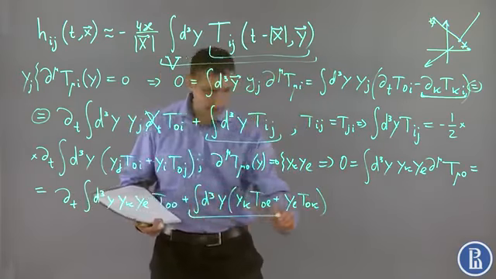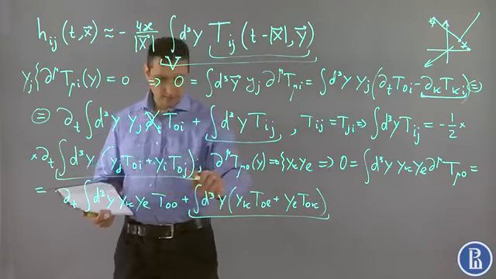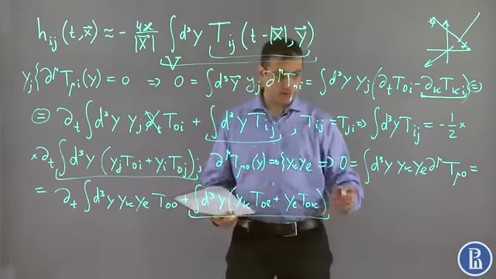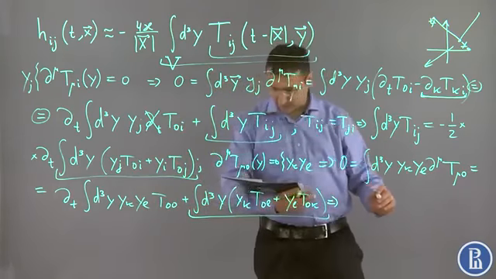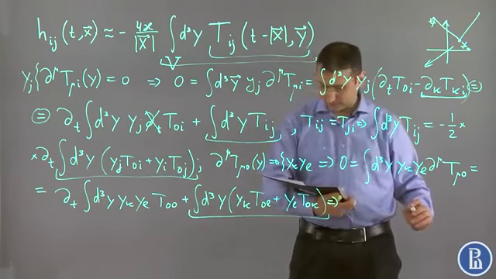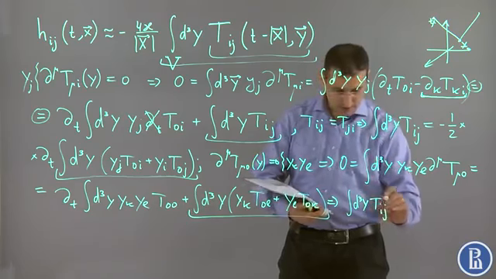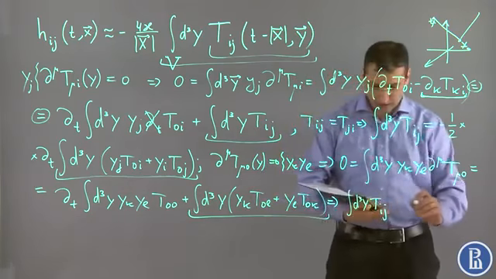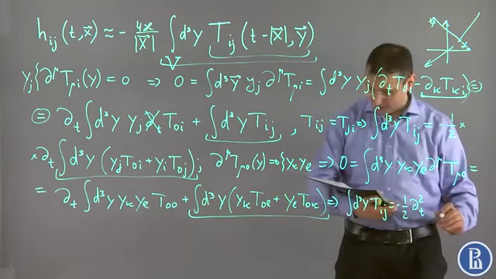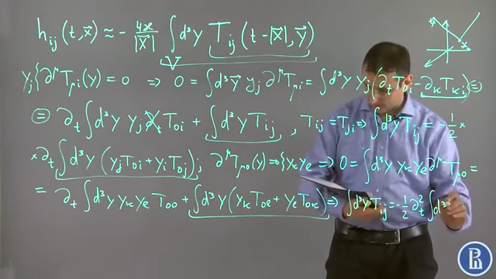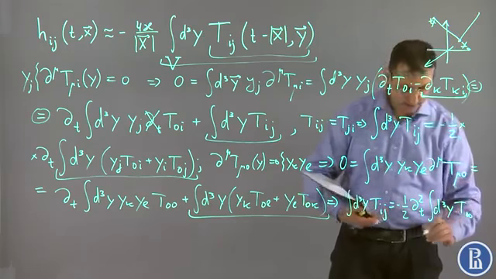So this is exactly the same expression as we get here. As a result, combining these two formulas together, we obtain that the integral over d3y tij is minus 1/2 double derivative over t of the integral over d3y yi yj t00.